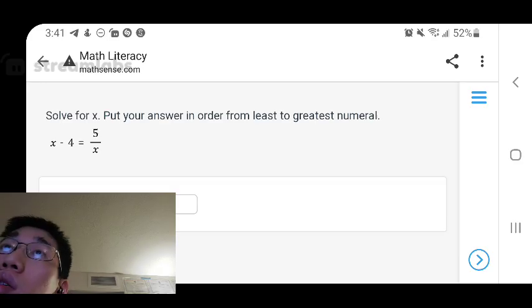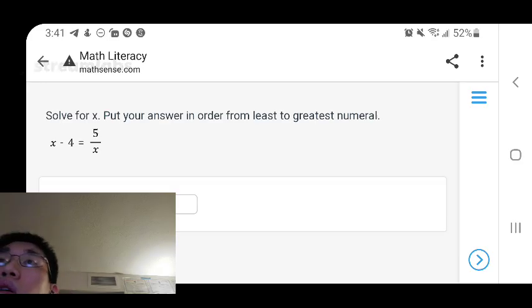Solve for x. There's two answers for this. Okay, I'm gonna write down the question. X minus 4 equals 5 over x.